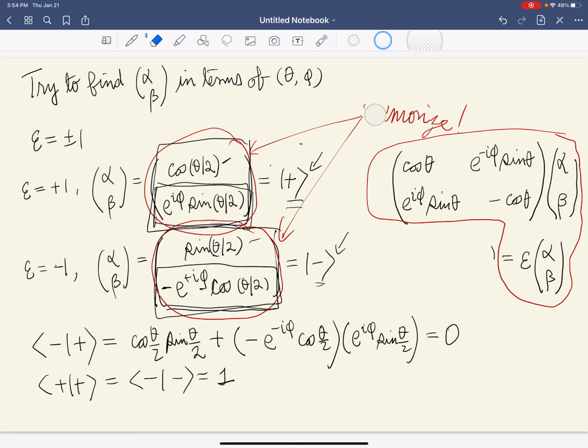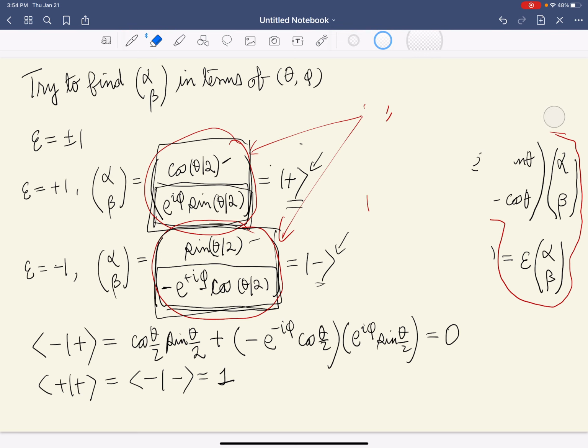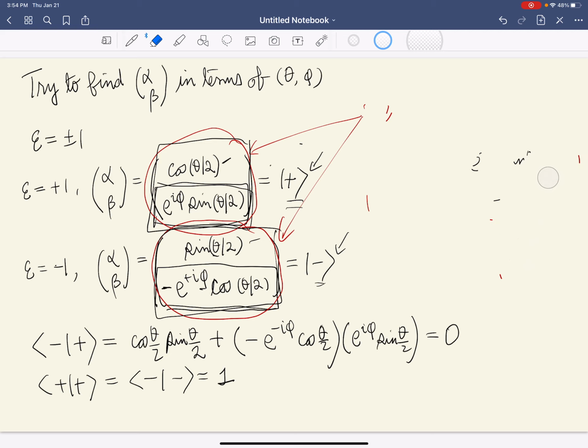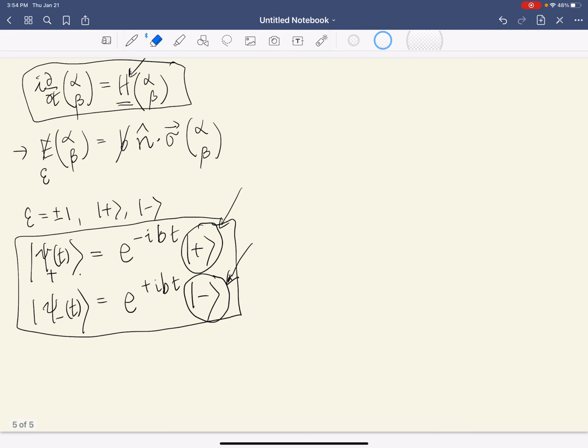And one more thing that's worth mentioning is that once you have this, then you can talk about the probability that this plus eigenstate be found in the zero basis state.